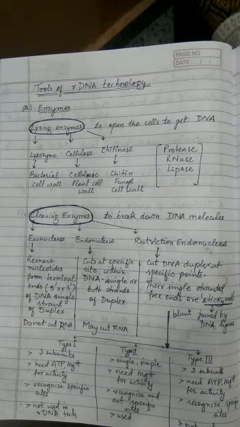If it is a plant cell wall, we need cellulase. And if it is a fungal cell, for example Rhizopus, then we need the chitinase enzyme. After breaking the cell wall, we learned in the last class that we need other enzymes: to break down proteins, protease; to break down lipids, lipase; and to break down the RNA, RNase enzyme is required.